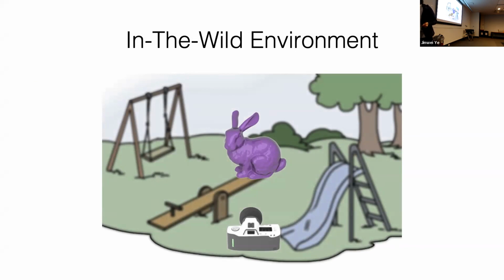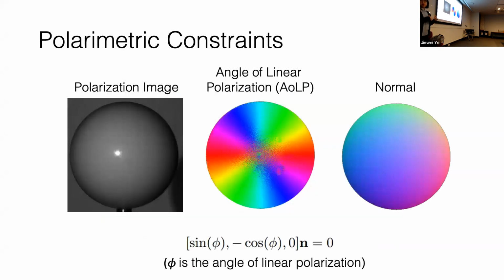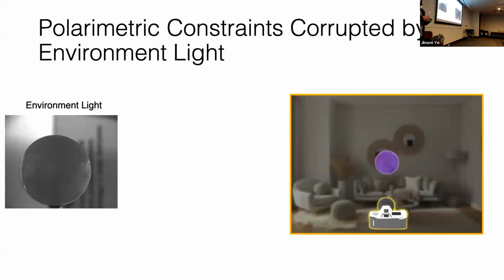Again, we want to use the constraint relating the angle of linear polarization to the surface normal, which is the same thing I used in the first work. But the problem with the uncontrolled environment is that the angle of polarization is corrupted by the light from the environment.